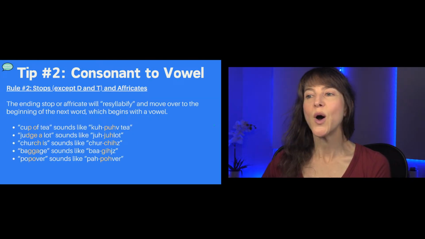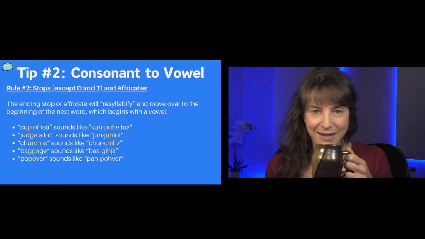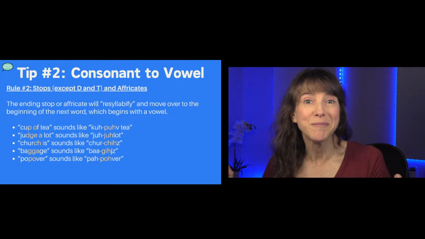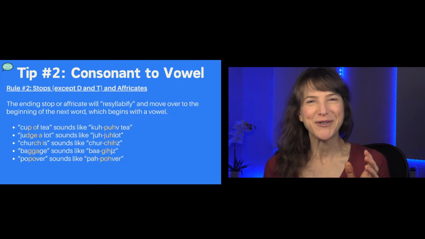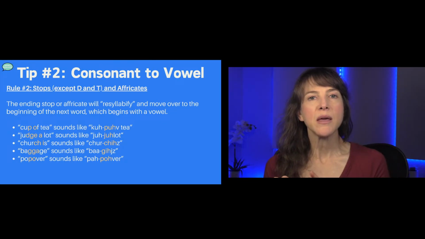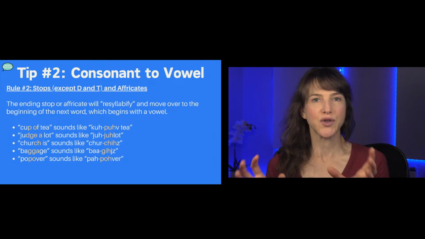All right, so now rule number 2. We're getting a little bit more specific. Stops except for D and T. D and T have their own rule. Not to be too confusing, but we have stop consonants P, B, K, and G, and then the affricates CH and J. So here's the rule.